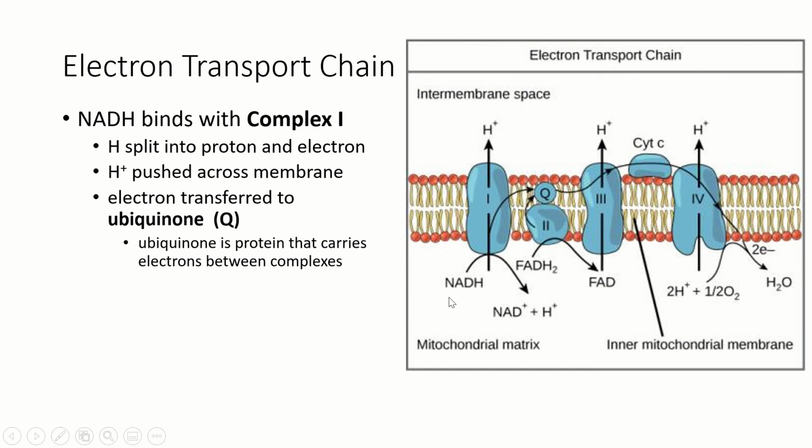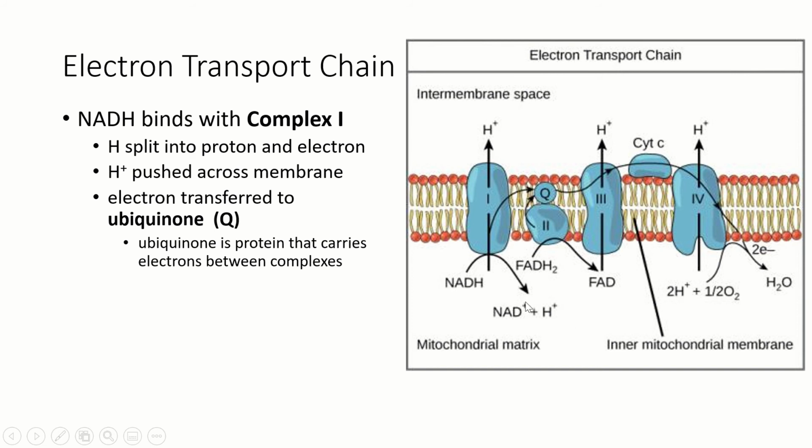NADH is going to bind with this complex 1 and hand off the hydrogen atom. Remember, this is a whole atom. The complex 1 is going to split the atom into a proton, which goes this way, and an electron. The proton is going to get pushed across the membrane into the intermembrane space.